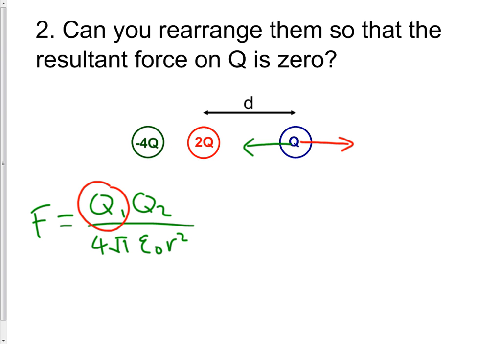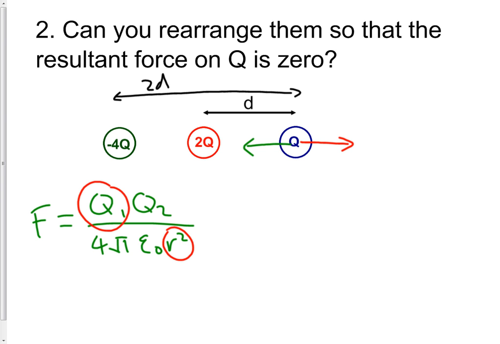The question is where? If we were to put it 2D away, then the force would be doubled because the charge is double, but it would be more than halved because the distance is double. Remember, the distance gets squared.